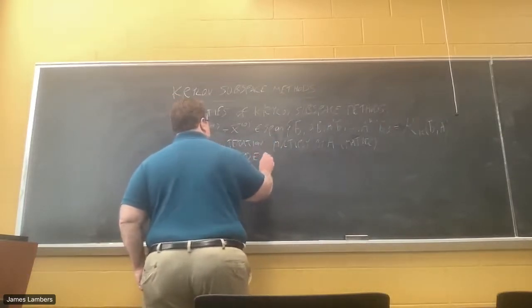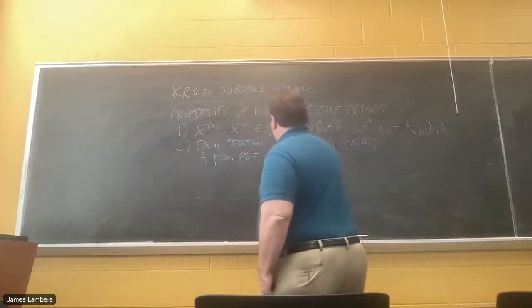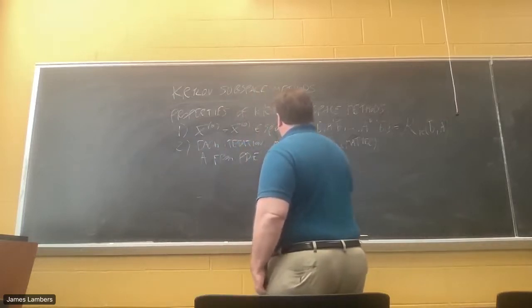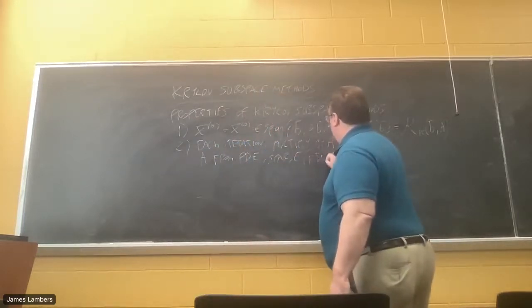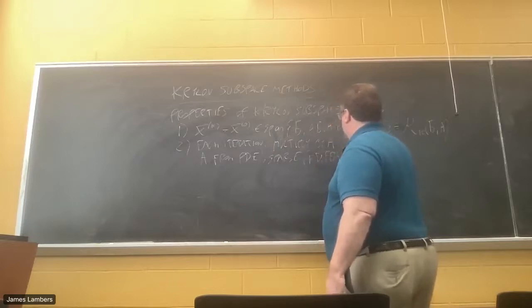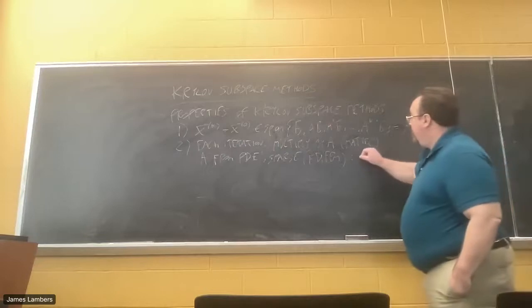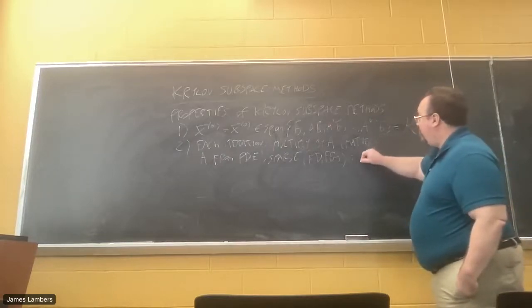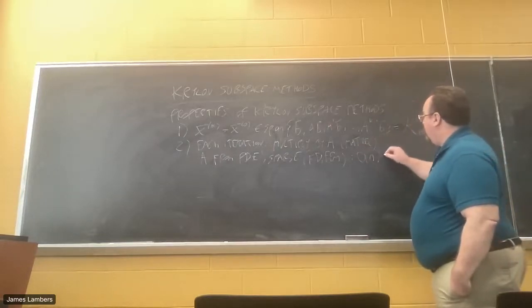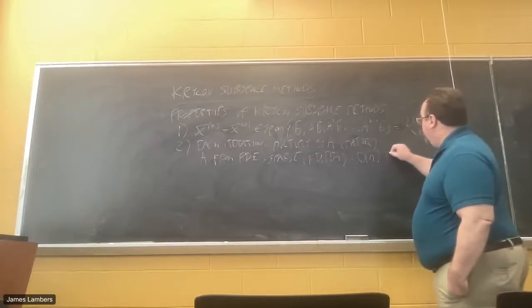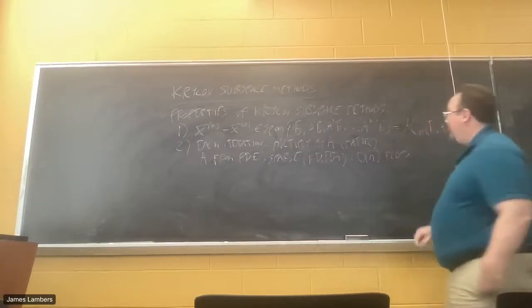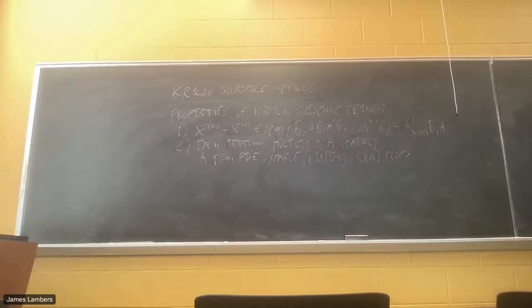So if a matrix A comes from a PDE, and therefore is sparse, for example, finite difference or finite element method, and methods like that, then this MATVEC operation requires order n floating point operations instead of the default n squared, just because of the sparsity.